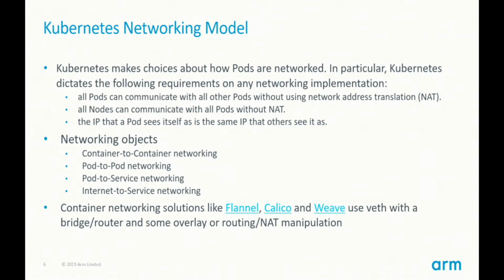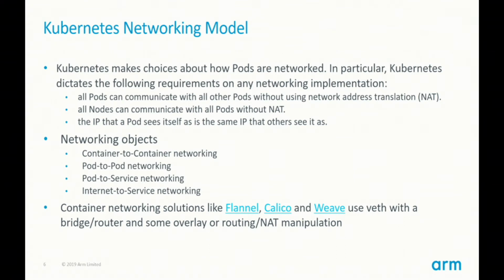And the IP that a pod sees itself as is the same IP that others see it as. So the whole networking address space is flat. The networking objects in Kubernetes are container-to-container networking, pod-to-pod networking, pod-to-service networking, and internet-to-service networking, which is almost the same for the Cloud Native environment.